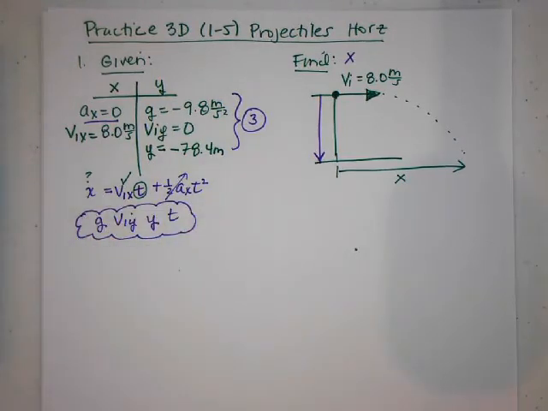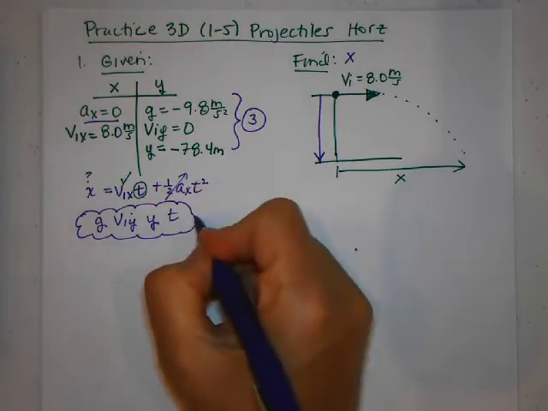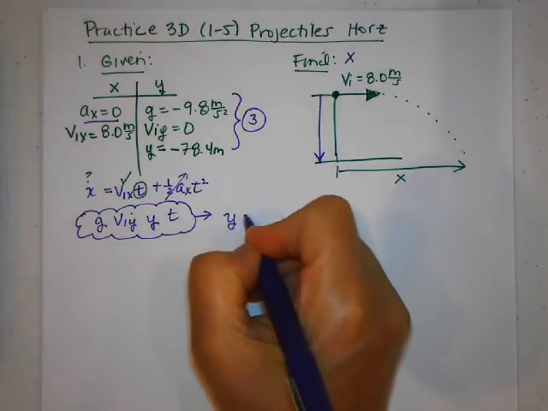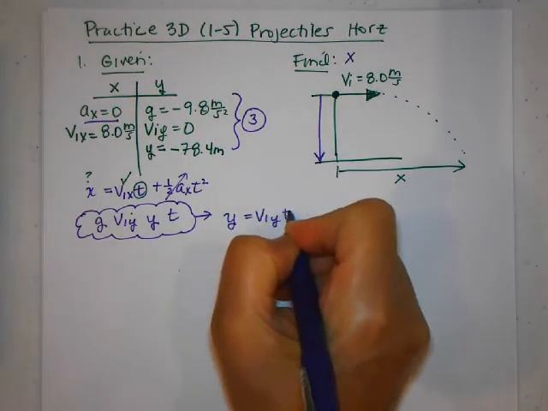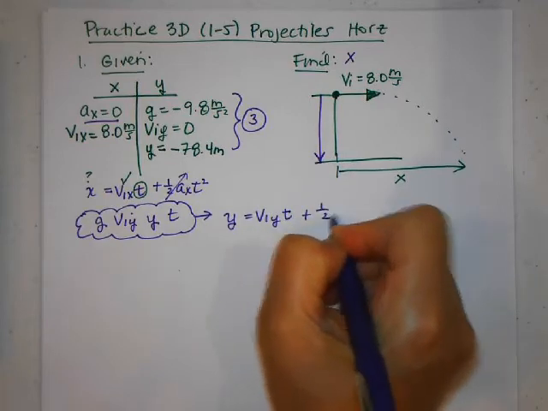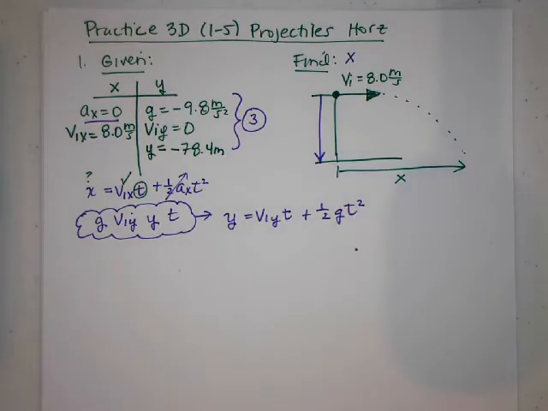So now I'm going to say to myself, which equation has those 4 variables? So the equation that I'm going to use is y is equal to Viy t plus 1/2 g t squared.